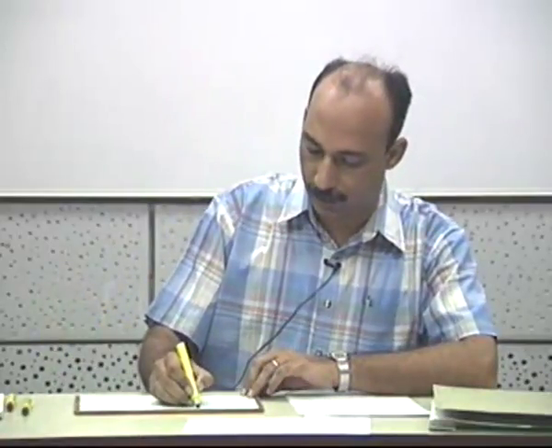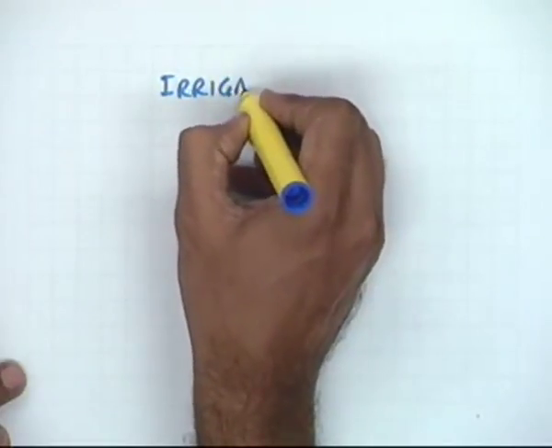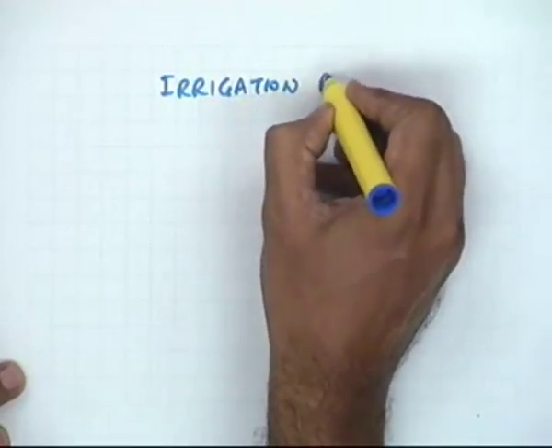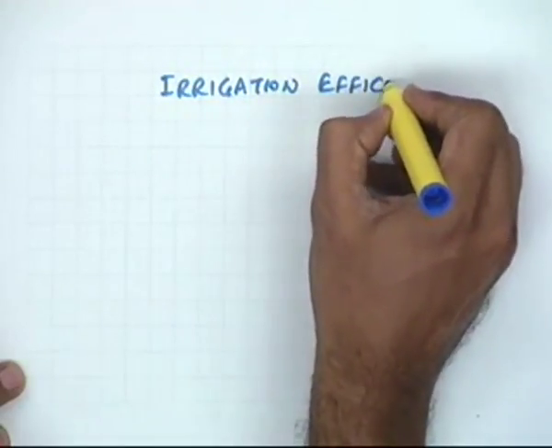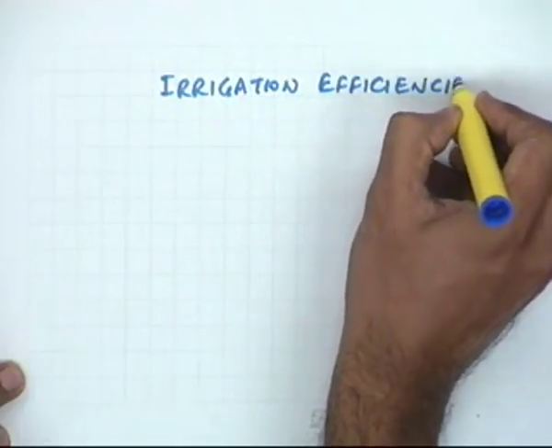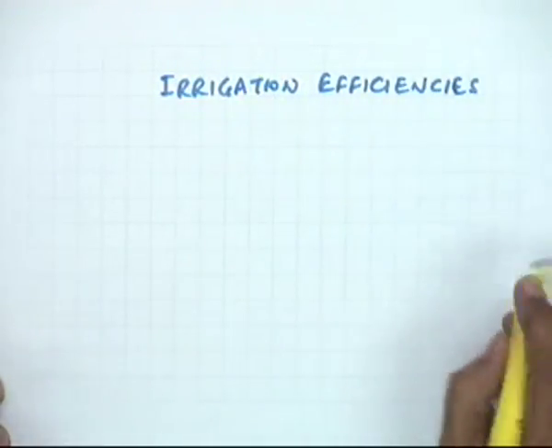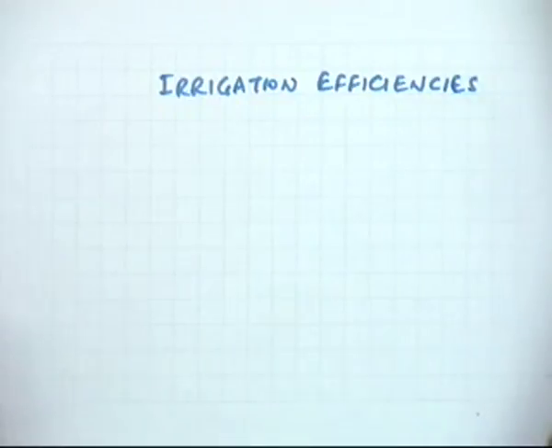So today we will start with a new topic on irrigation efficiencies. So far we have looked into the various aspects of how to compute the evapotranspiration requirements of the crops.